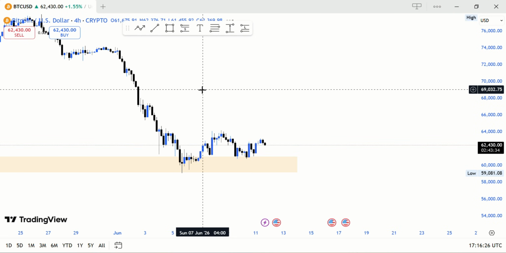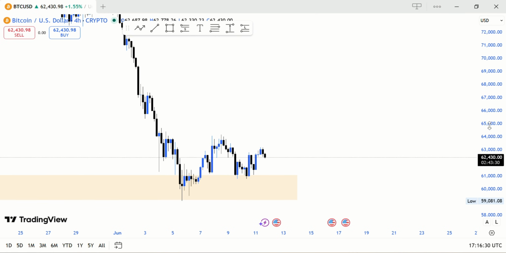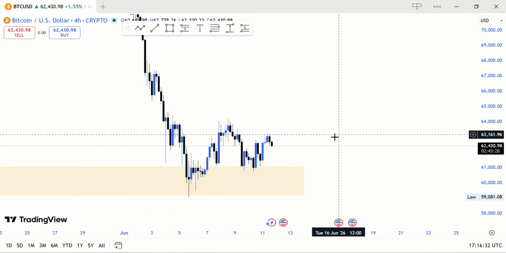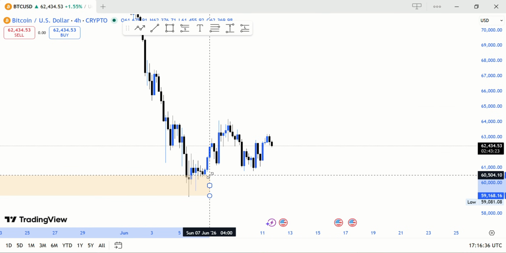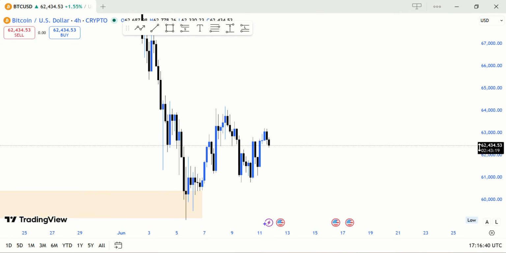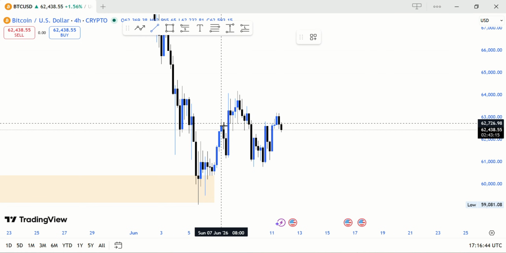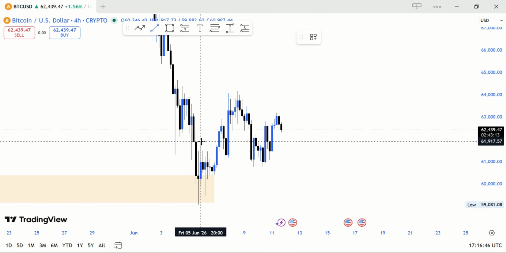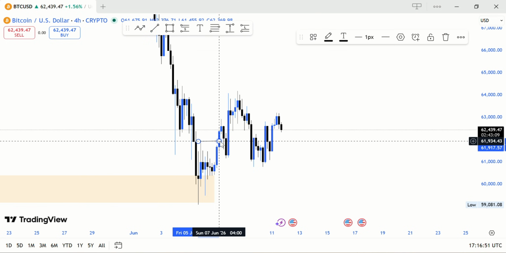4 hours time frame. This is also my top down analysis. This is how I follow. I execute using the 15 minutes time frame. So from the 4 hour time frame, I got a BOS, which is a break of structure to the upside, like this.